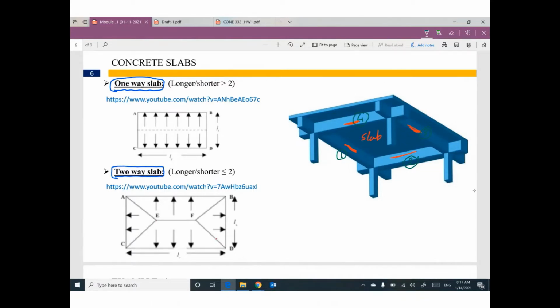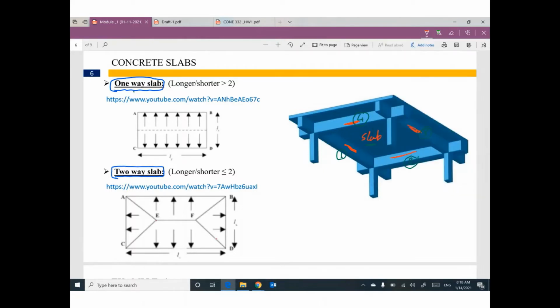Do you think this slab is supported by the 4 beams, or 2 opposite beams, beam number 1 and beam number 3, or beam number 4 and beam number 2? It depends. What is the type of slab? One-way or two-way? How can I figure this out? It's very easy.